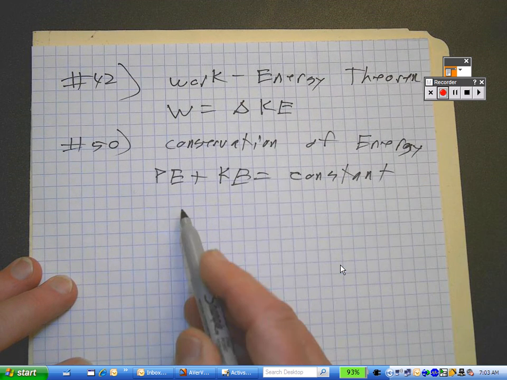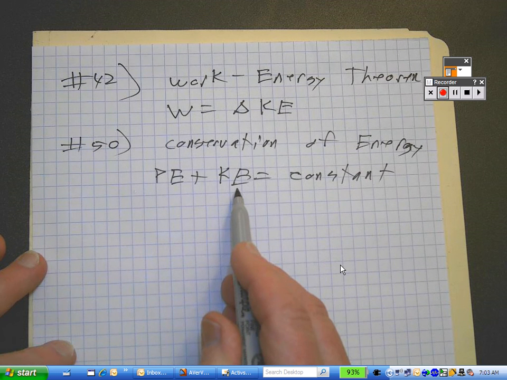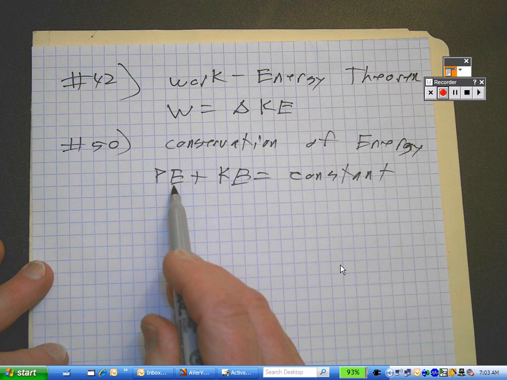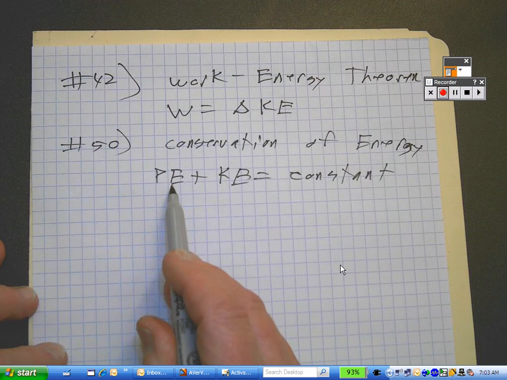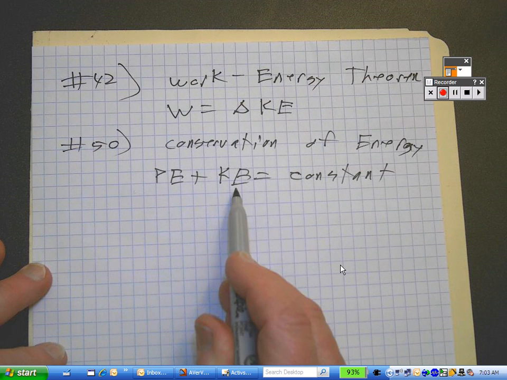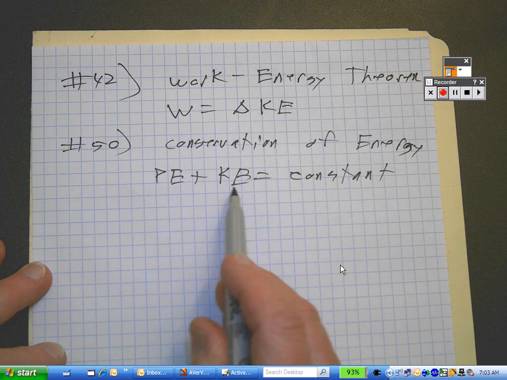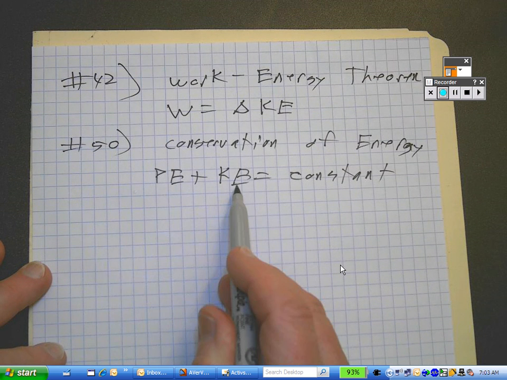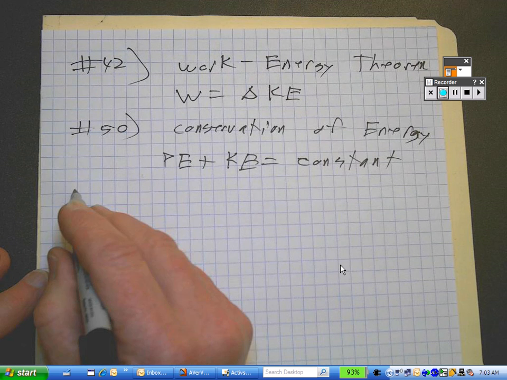So that if the potential energy and the kinetic energy equals 1,000,000 joules, then if the potential is 500,000, then the kinetic energy will be 500,000 also. Or if the potential energy is 100,000, the kinetic energy would be 900,000.